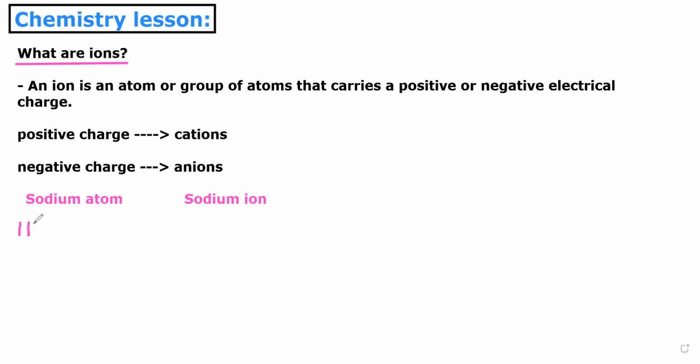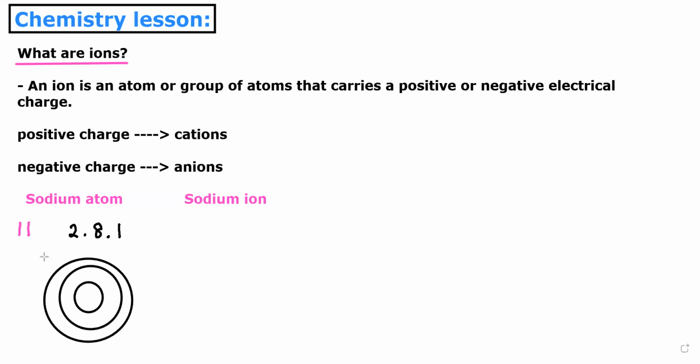So electronic configuration of sodium is going to be 2, 8, and 1. We have 2 in the first shell, 8 in the second shell, and in the third shell, we will have 1 only.